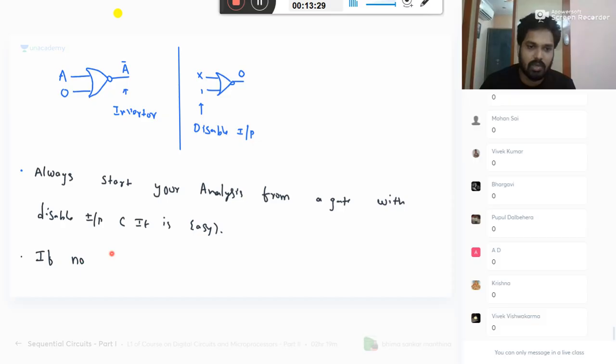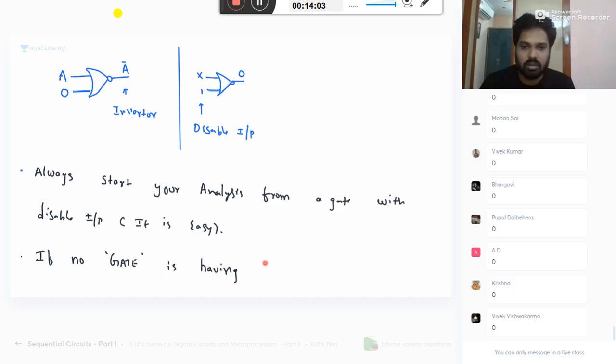If there is no disable input, okay. This is the basic class of sequential circuits. Very, very, very important. Please concentrate. Today we may not be discussing even 1 or 2 problems, hardly. But this concept is helpful throughout the entire course of sequential circuits. Please carefully understand. That's why I'm going a little slow also.